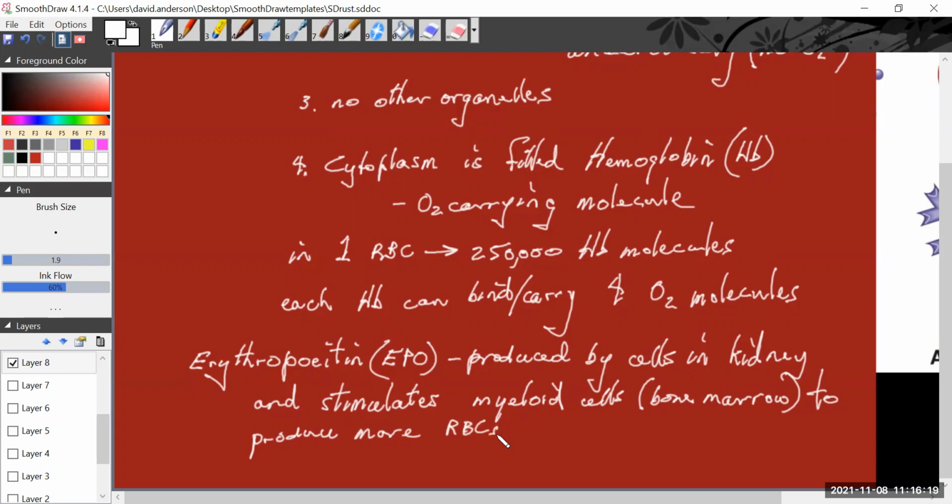So the kidney is responsible for filtering blood. If the kidney determines through filtering of blood that the numbers of red blood cells are going down, or more importantly, not enough oxygen is being delivered through the body, then it's going to release this hormone, erythropoietin, which will target the bone marrow and encourage more production of red blood cells. Okay, so anytime oxygen delivery is reduced, EPO is going to get released to stimulate more red blood cell production.